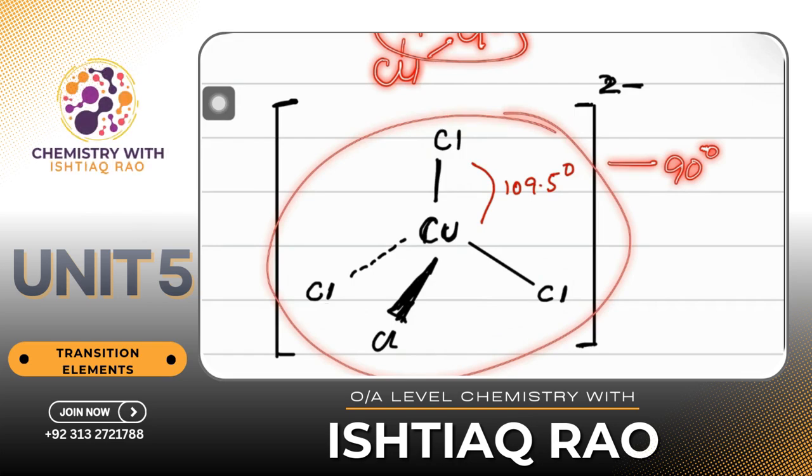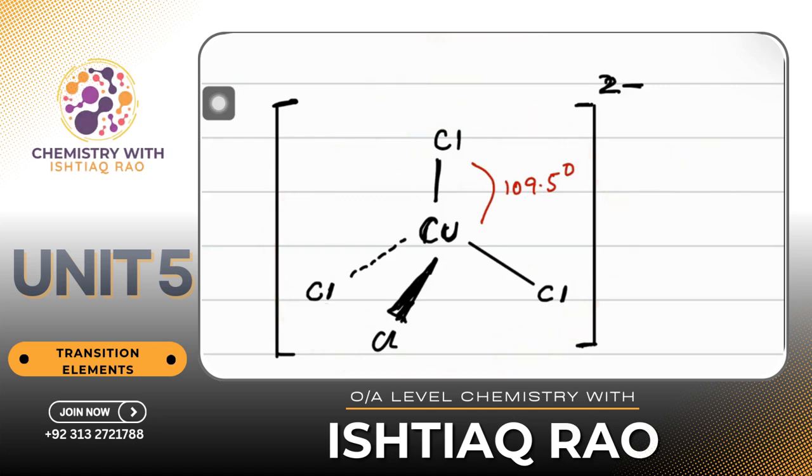This is the criteria. And what if I have more than four ligands, I mean six ligands, like in an octahedral shape? The complex compounds rearrange themselves automatically in such a way that there is less repulsion and maximum attraction. We are not supposed to do anything else.